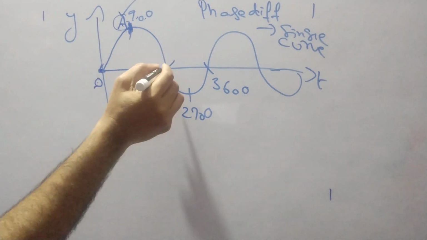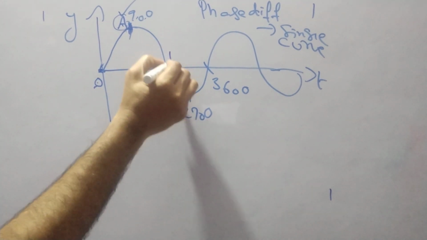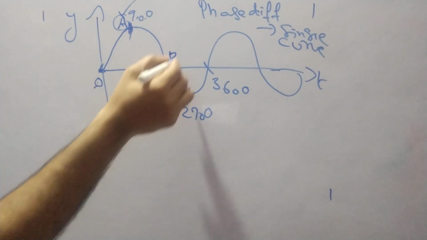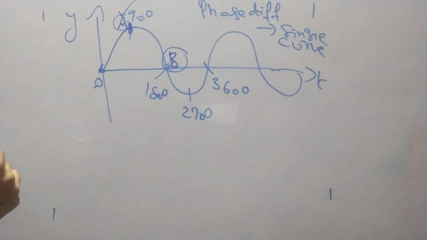Now suppose I take a point B here. What is the phase difference at B?